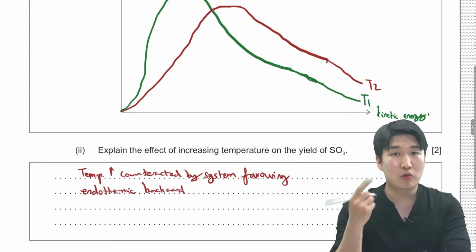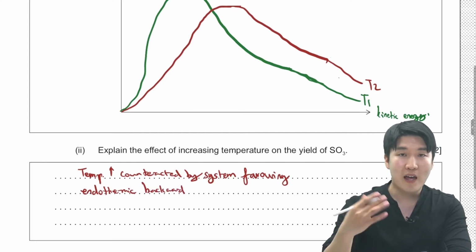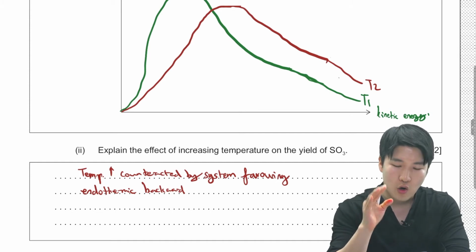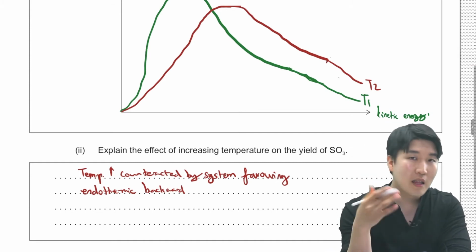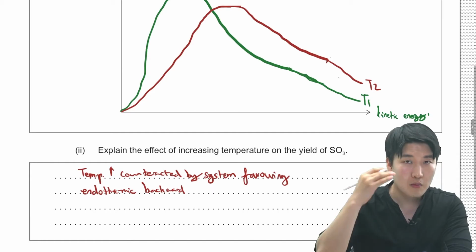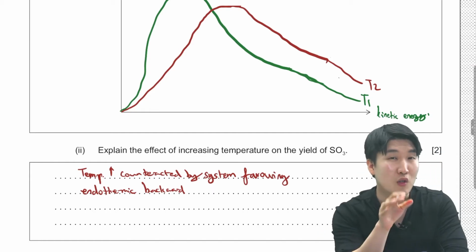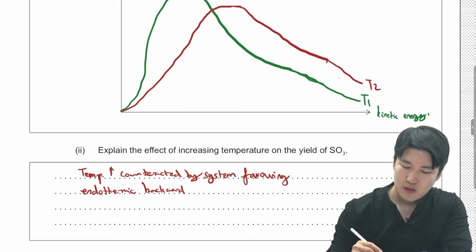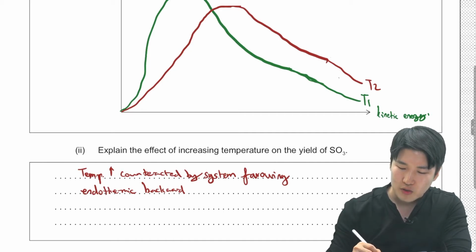Yes, to be able to answer questions like these, we have to be given the information of the forward reaction enthalpy change value. We don't need the specific value, but we need to know if it's positive or negative. Endothermic backward reaction.